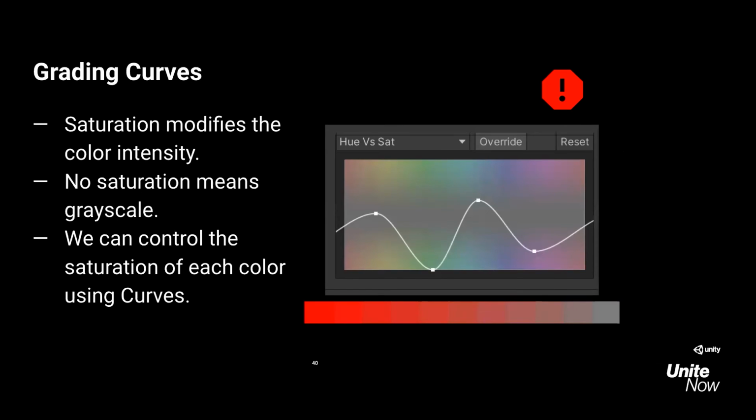With another one of the controls of the color grading effect, the grading curves. Grading curves basically allow us to map certain values and adjust other values. It's difficult to explain right now, but in this case, we are going to see one specific grading curve, which is hue versus saturation. What does this curve mean? You can see that the X range represents colors.